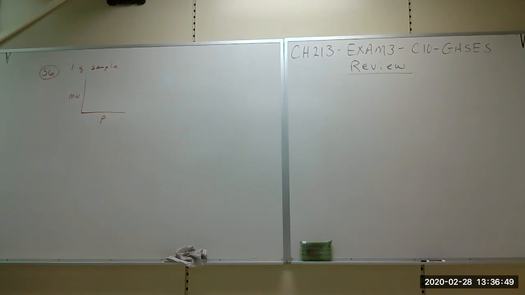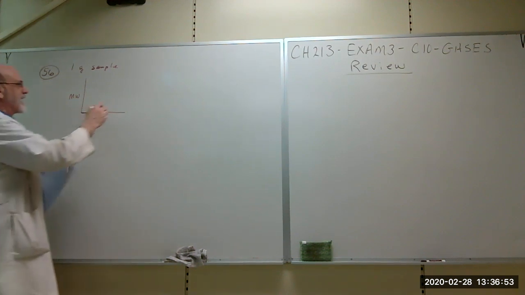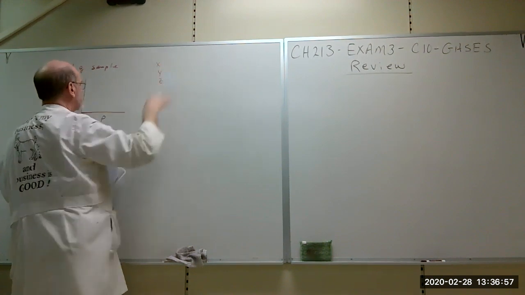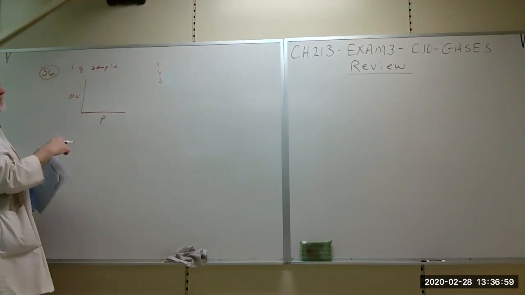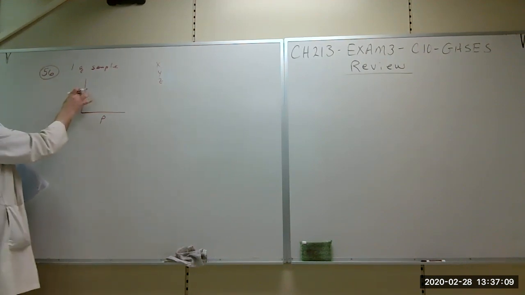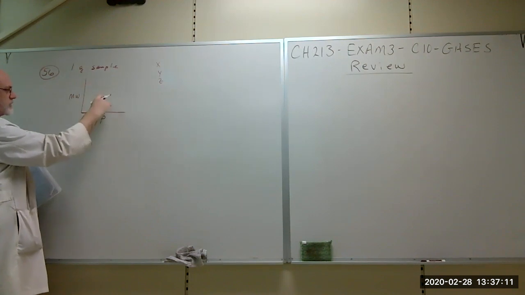So if you got a 1 gram sample of all these different gases, and they have different molecular weights, then you're going to have different numbers of moles of each one. So that means the numbers of moles plotted against pressure.